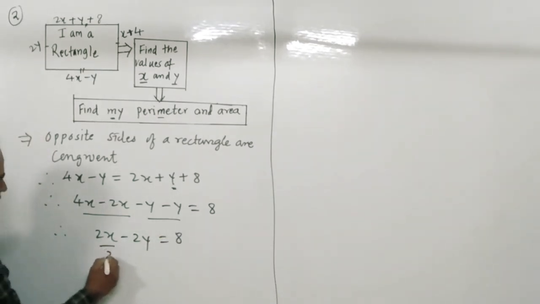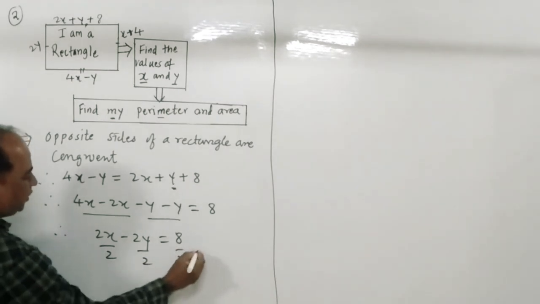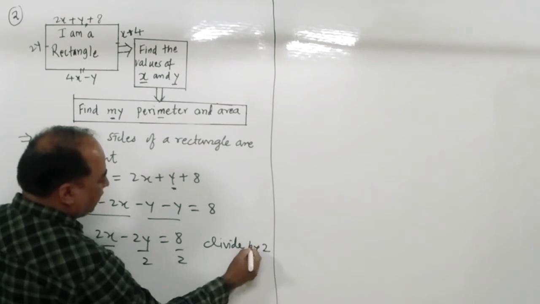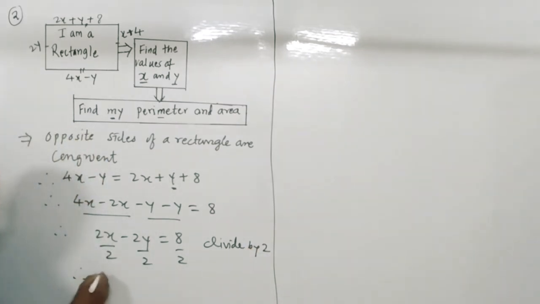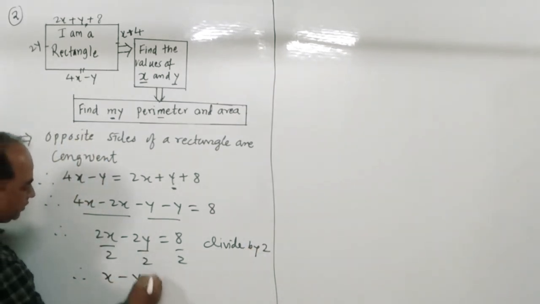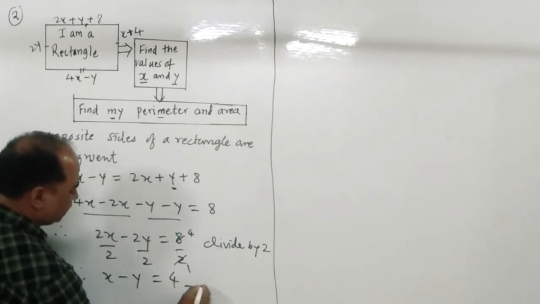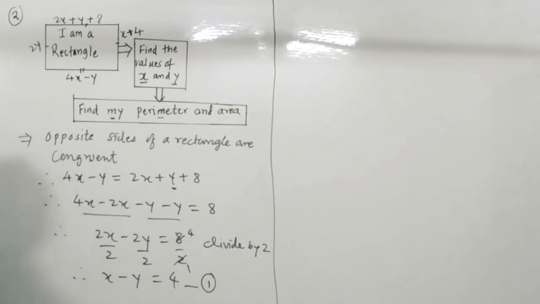Therefore, dividing this equation by 2, we'll get x minus y is equal to 4. Equation number 1.